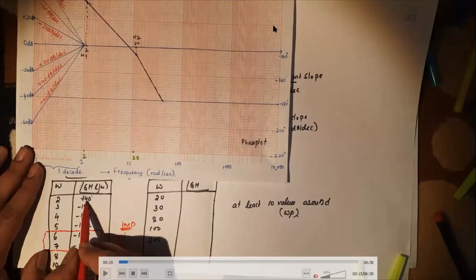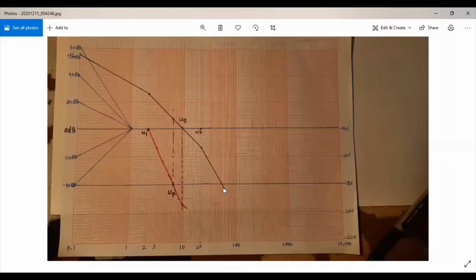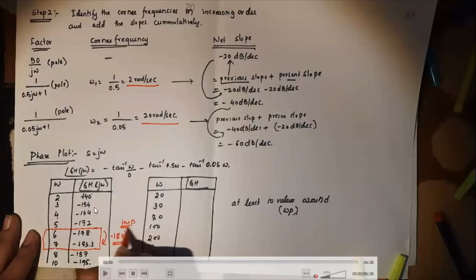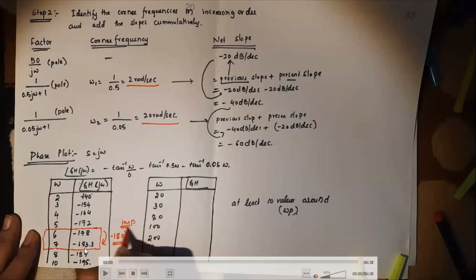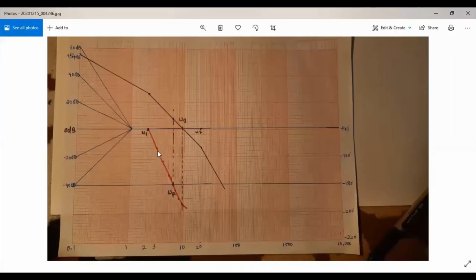We take this actual graph, then at omega equal to 2, you put the first point, that is minus 140 degrees. Similarly, at omega equal to 3, we have minus 154, then minus 164, then minus 172, minus 178, and minus 183. Similarly, we will proceed with marking those points here.